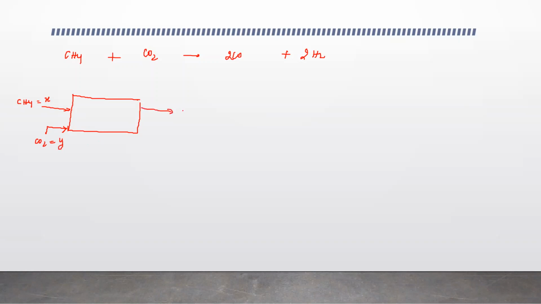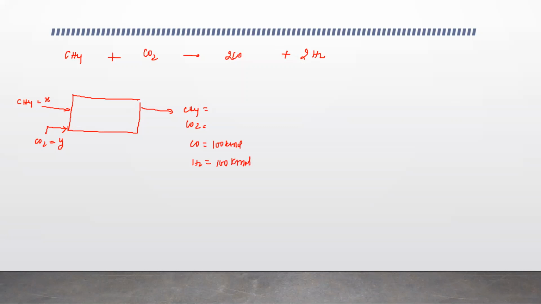And we have got unreacted methane, unreacted carbon dioxide, carbon monoxide formed, and hydrogen formed. Right. So obviously, by stoichiometry, you can see that for every kilomole of carbon monoxide formed, 1 kilomole of hydrogen is formed. So if there is 100 kilomole of carbon monoxide, then definitely by stoichiometry, there is also going to be 100 kilomoles of hydrogen. All right, that is very sure.